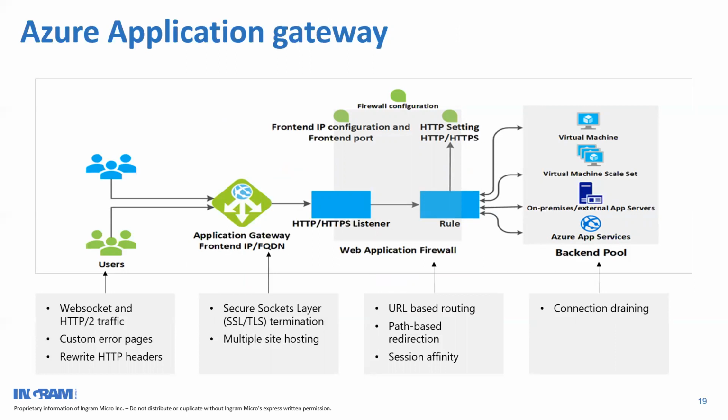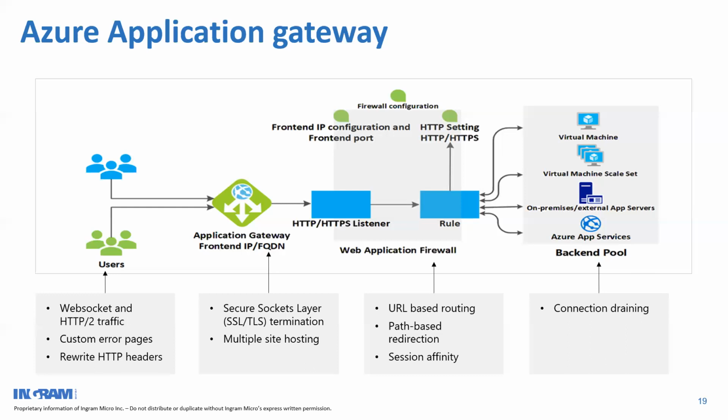It is able to understand the incoming request, do URL-based rerouting, and do things like SSL offloading as well, right? So this becomes your HTTP or HTTPS listener, and based on the traffic, it is able to route that traffic to different services within Azure.